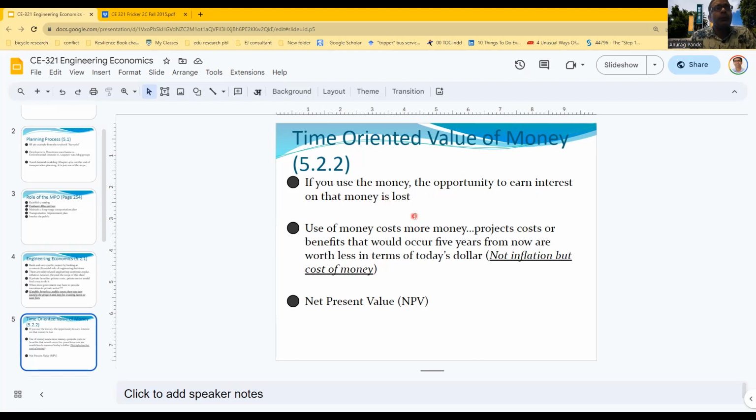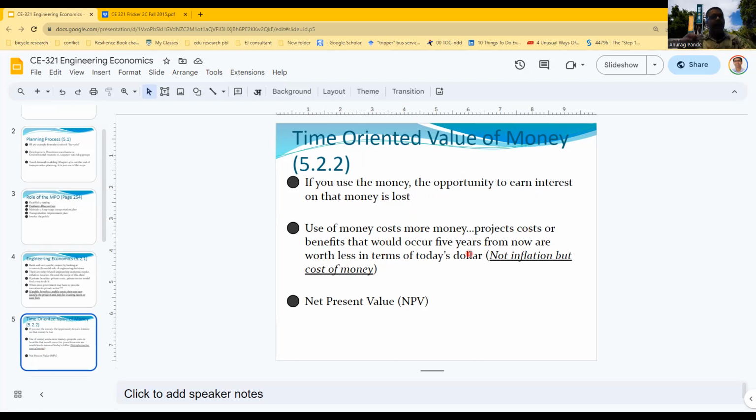That's what we call the opportunity cost. That's why use of money costs more money. Project costs or benefits that occur 5 years from now are worth less in terms of today's dollars. Again, this is not about inflation, but about the opportunity cost of using that money for other purposes. So that's a very important distinction to make here.